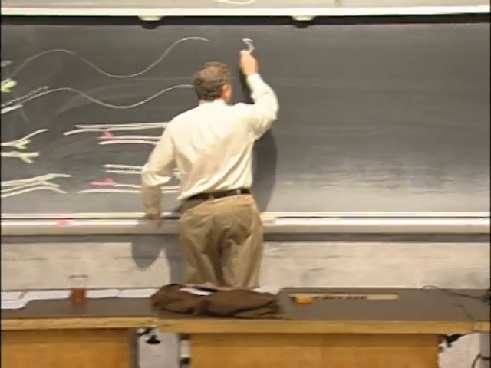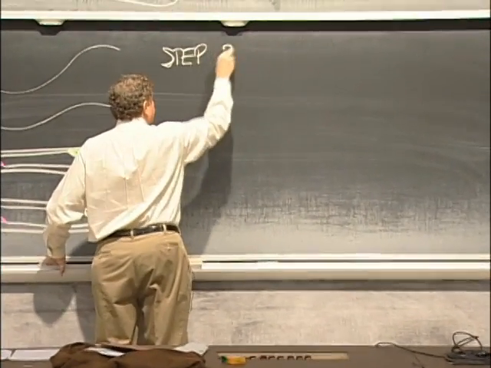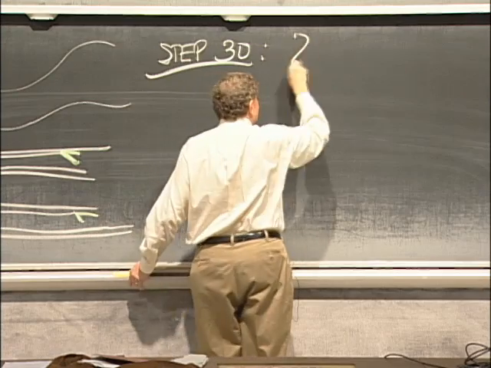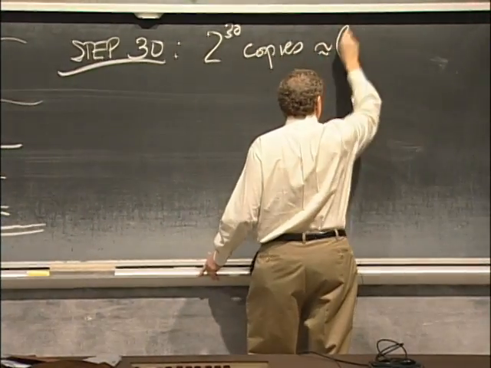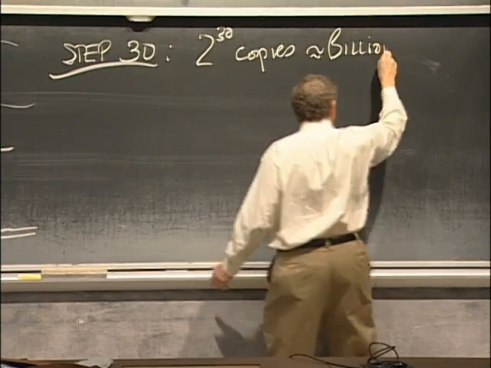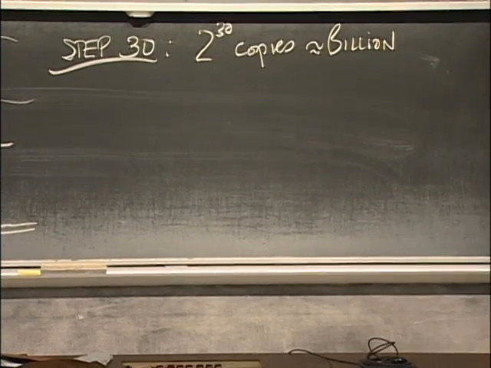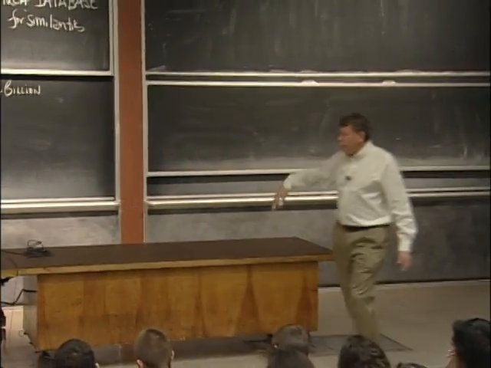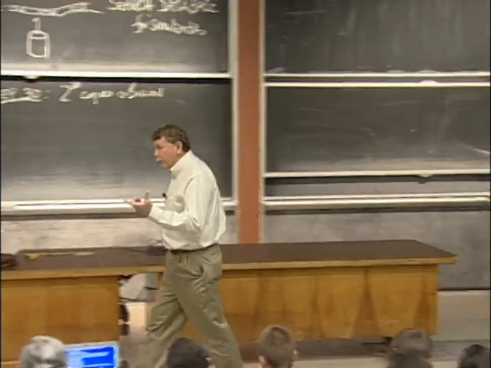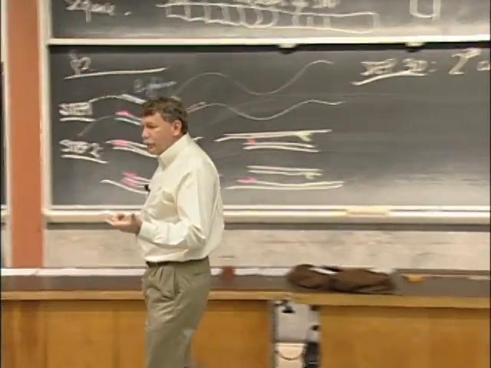After 30 steps, I have 2 to the 30th copies, which is about 1 billion copies. And at that point, the majority of the DNA in my tube is beta globin. The rest of the human genome is still there, but beta globin started out being 1/100 millionth of the genome.